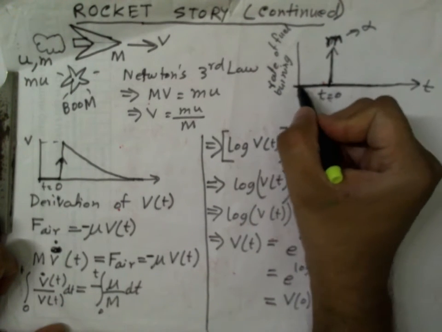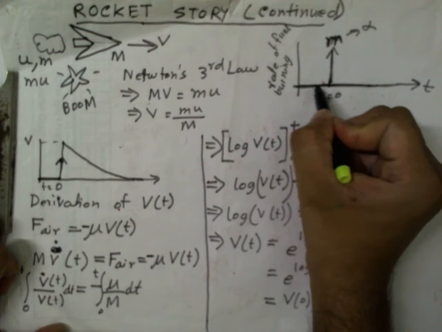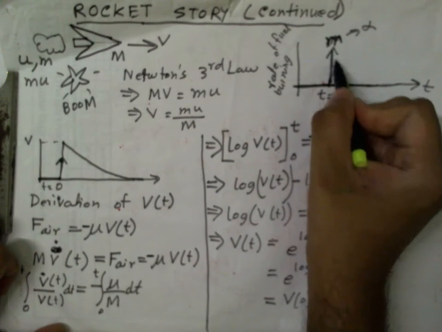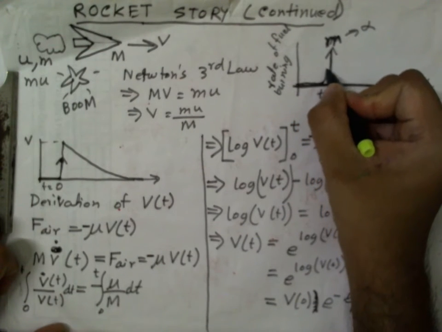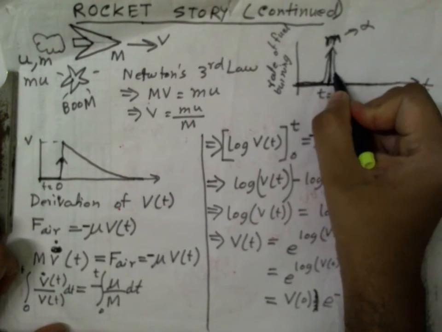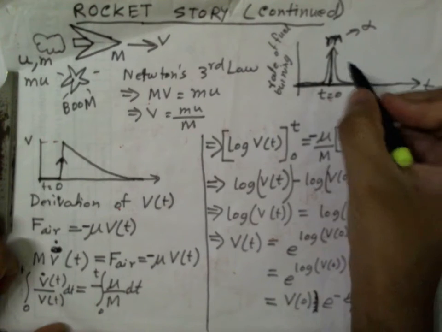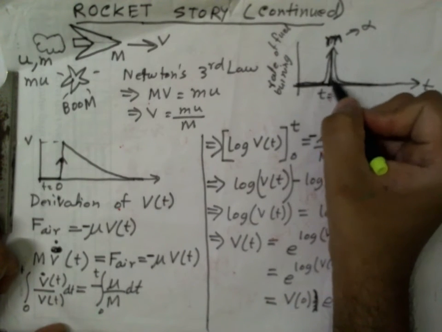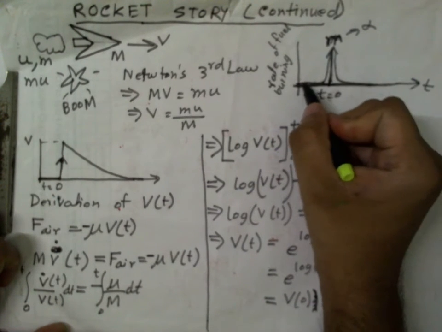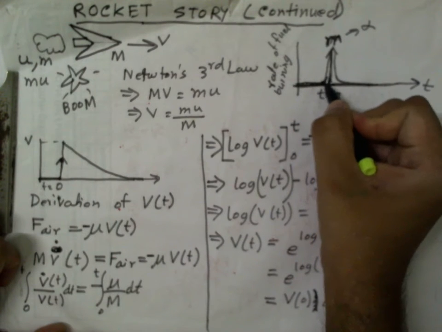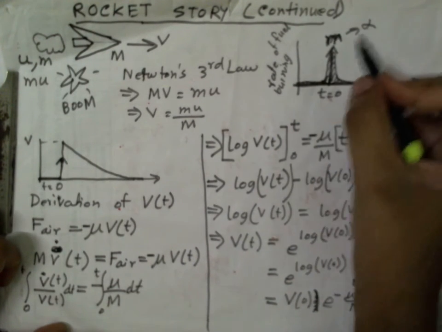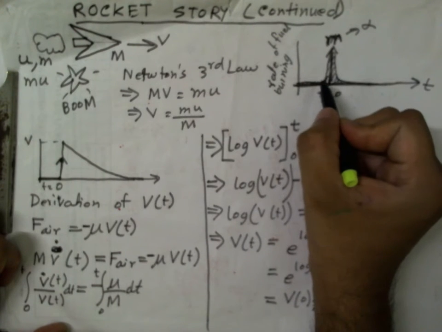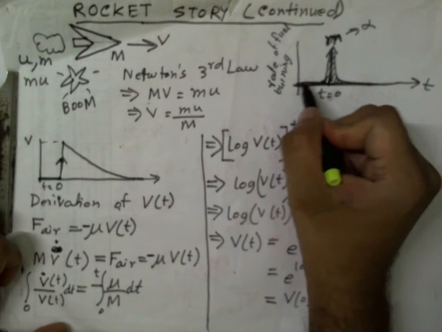Now we know that if this is the curve of rate of fuel burning, then if we integrate, the area under this curve gives me the amount of fuel burning within a time.